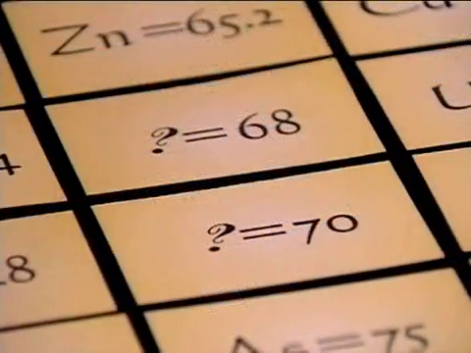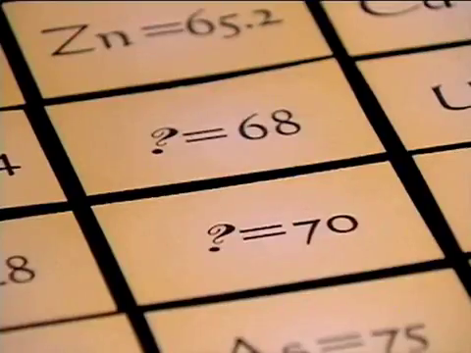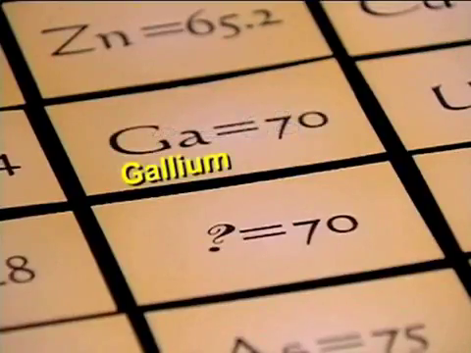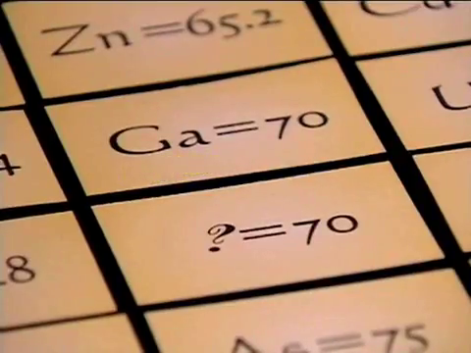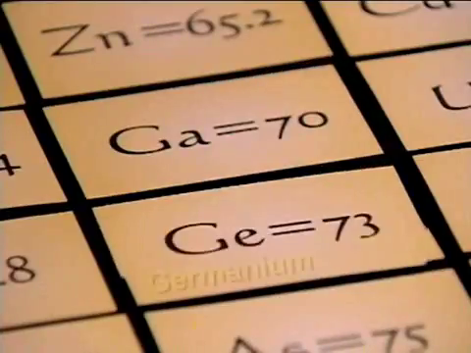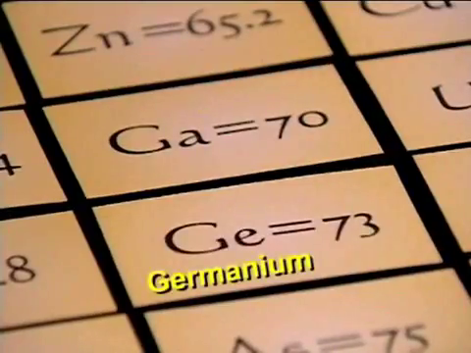And 6 years later, where Mendeleev had predicted an element with an atomic mass of 68, gallium was discovered with nearly the same atomic mass of 70. This happened again with an element predicted to have an atomic mass of 70, and the discovered element, germanium, at 73.